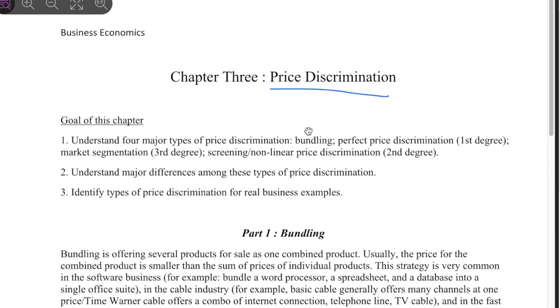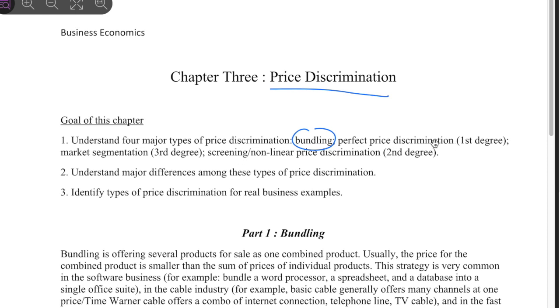Firstly, we're going to look at bundling, and we're going to see 3 different degrees of discrimination. The first degree is perfect price discrimination, the second degree is screening or non-linear price discrimination, and the third is market segmentation.